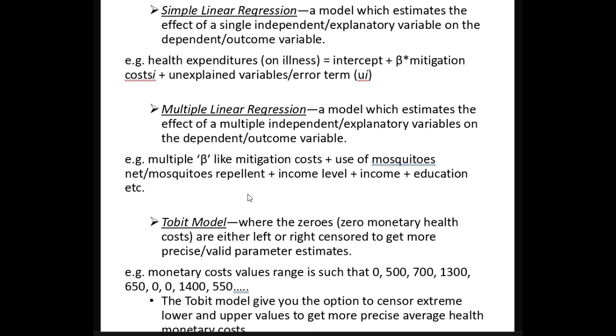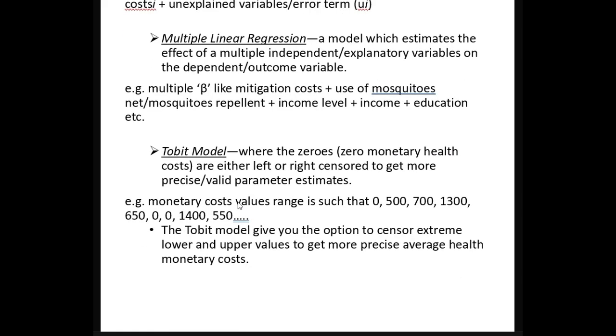Now in societal health mitigation cost analysis, if you collect data from households or from a certain community, there might be a lot of people within the community who have zero monetary health cost, right? So instead of the multiple linear regression model, which is a very simple and basic model, you can use a Tobit model, which is also called a censored regression model, in which we do left or right censoring.